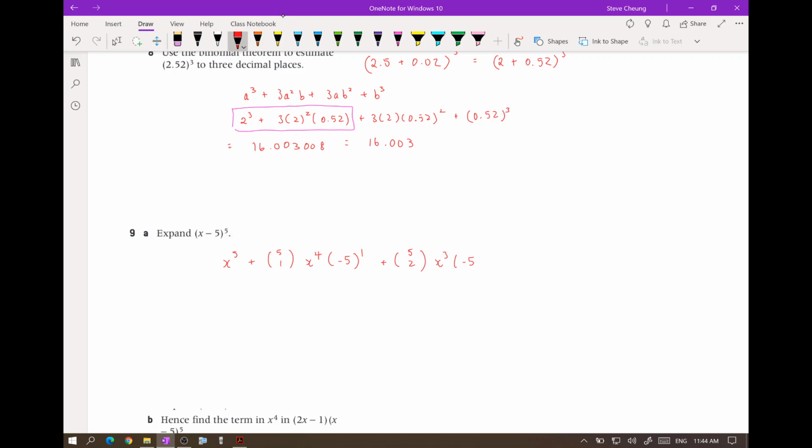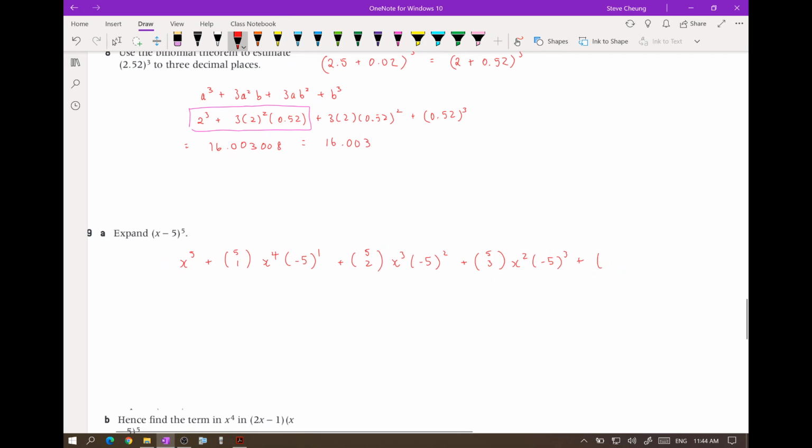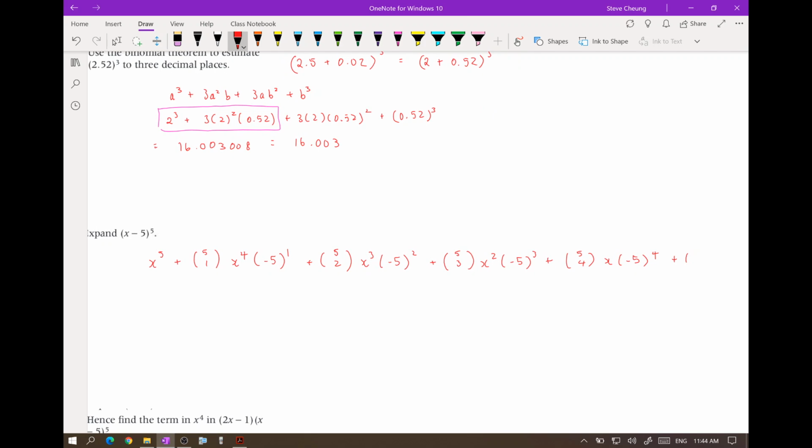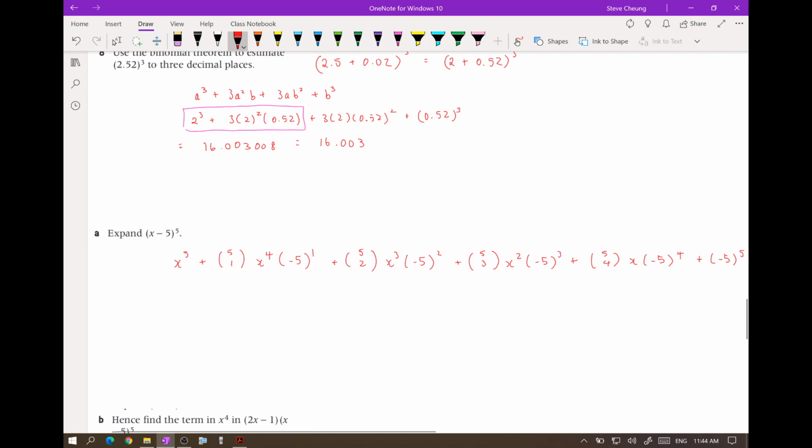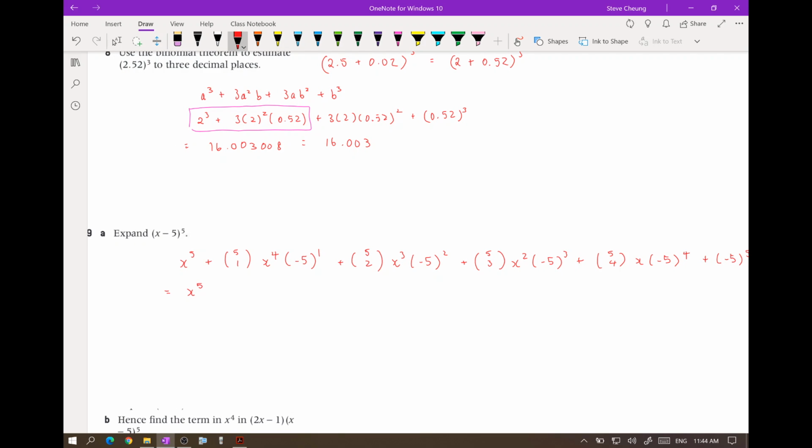So you will see that the x terms will decrease in power, and then the minus 5 is going to go up by 1, and so on up to x times negative 5 to the power of 4 plus minus 5 raised to the power of 5. And then we can simplify these. 5 choose 2 is 10, so it should be 250.